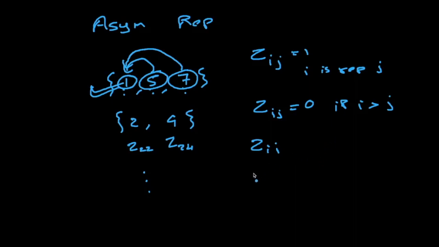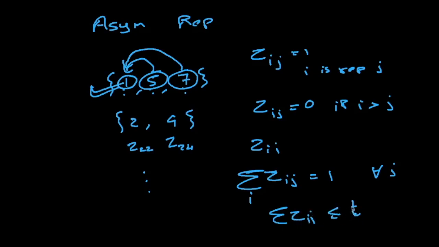And we can model this by just adding the constraint where the sum of z_ij across all i equals 1 for all j. So every element has exactly one representative selected, and the sum of all the representatives should be less than or equal to t. We should only select at most t representatives. So that's a simple thing to add here.